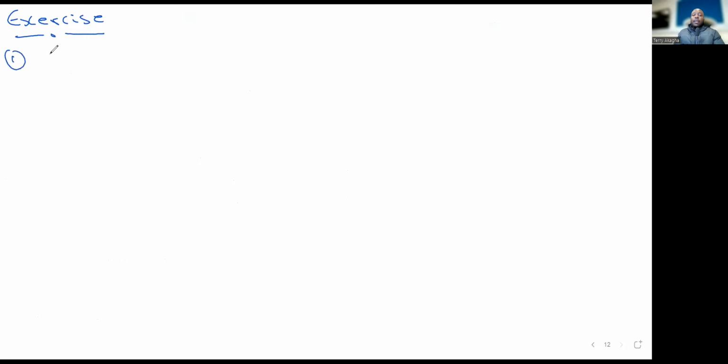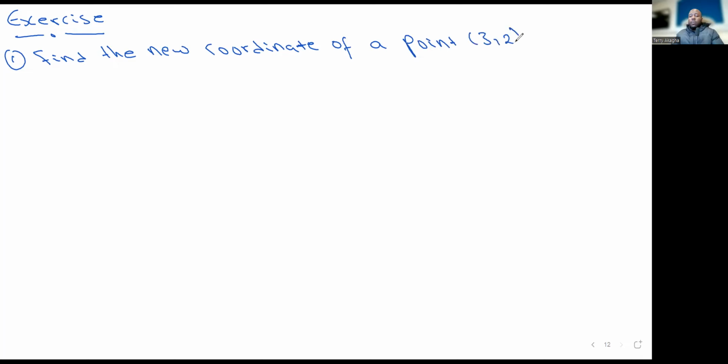Number 1, let's say the question said, find the new coordinates of the point (3, 2), which is on f of x, after translation.